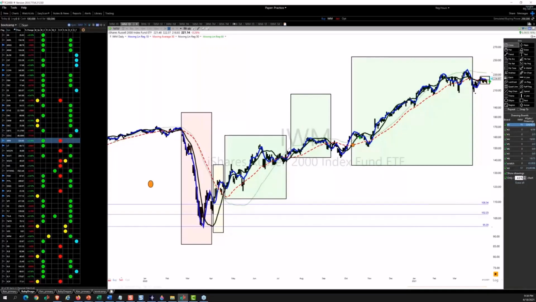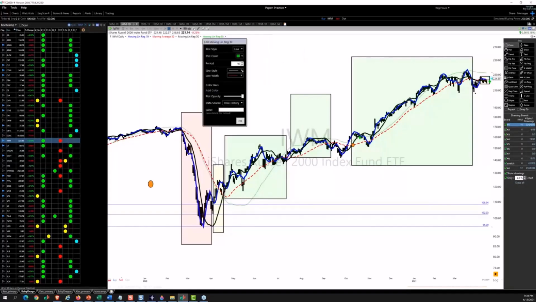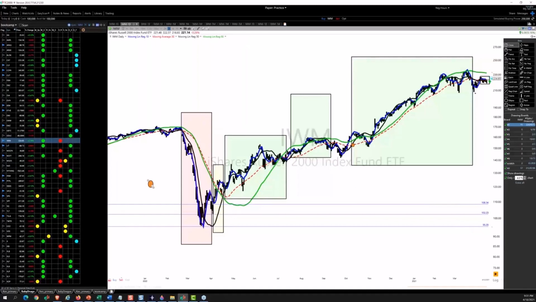That gives us an intermediate. Let me make that thick as well. So the 10 is the sharpest, and then the 30, and now the 90. So now when the 30 crosses the 90, it's almost like a 10-30 crossover, but on 3 time periods higher, like on a 3-day chart.